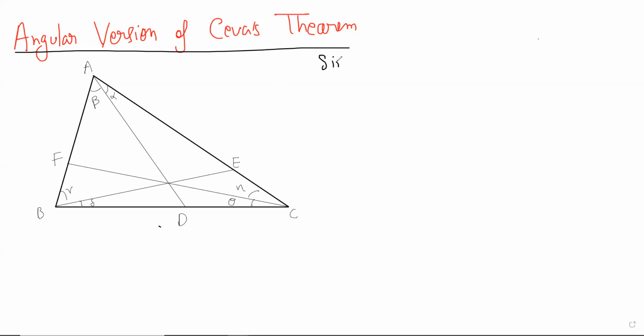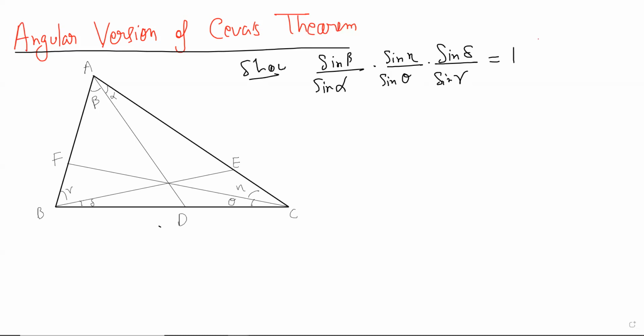So we know that sine beta by, and cyclic product, just move cyclically here and just take the products. Obviously here the main thing is that all these lines are meeting at this point.